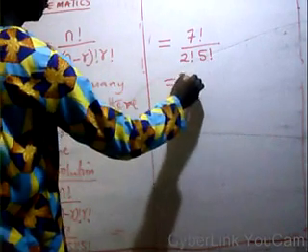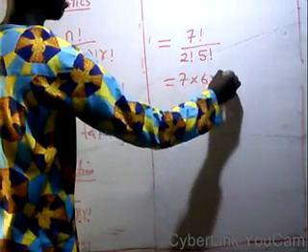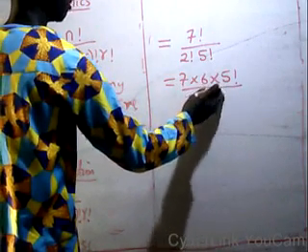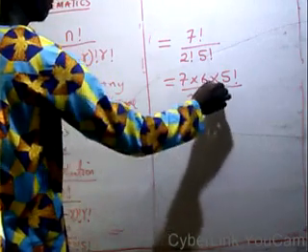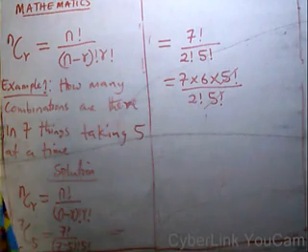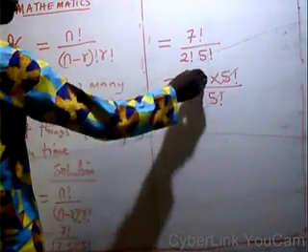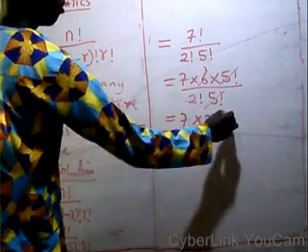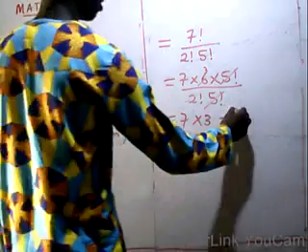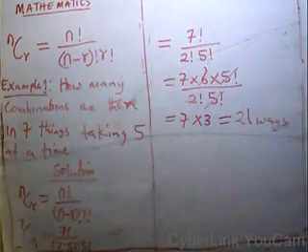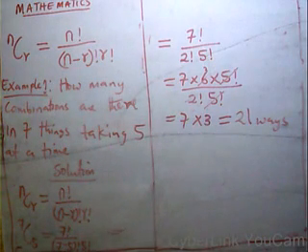And this is 7 times 6 times 5 factorial all over 2 factorial, 5 factorial. 5 factorial and 5 factorial will go. 2 factorial is 2 times 1, which is 2. So 2 here, 1, 2 here, 3. You now have 7 times 3, which is 21. So you have 21 ways.